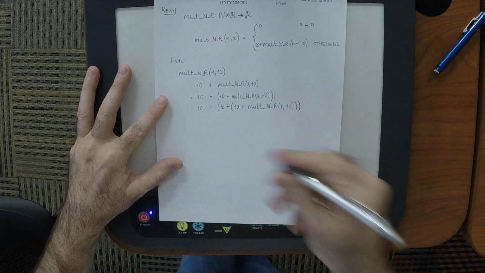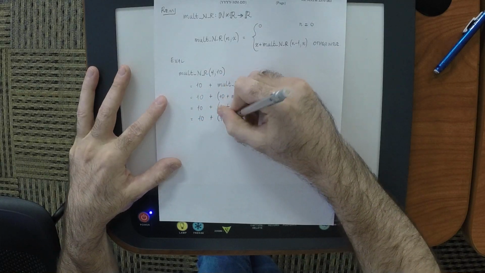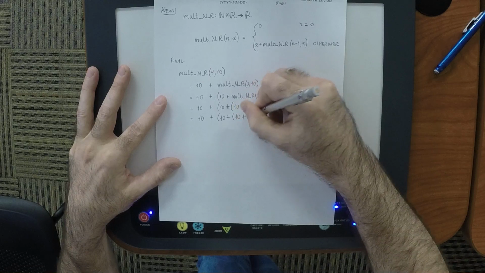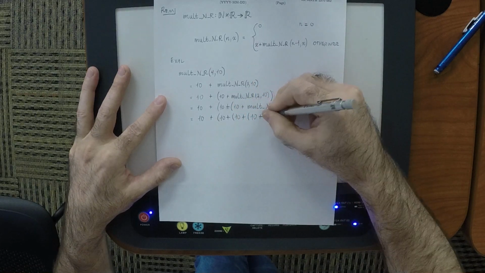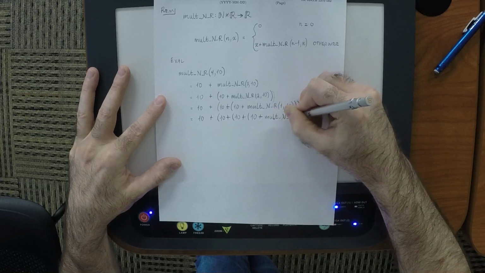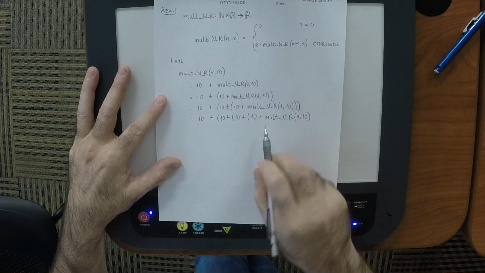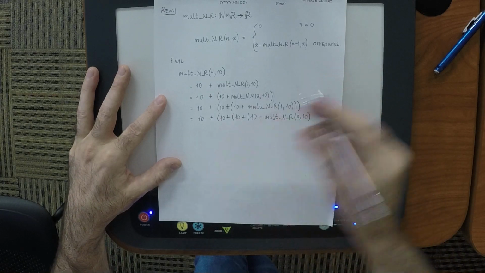And then doing that, okay, well, this will be 10 plus 10 plus 10 plus 10 plus mult in R, 0 and 10, and then close, close, close.